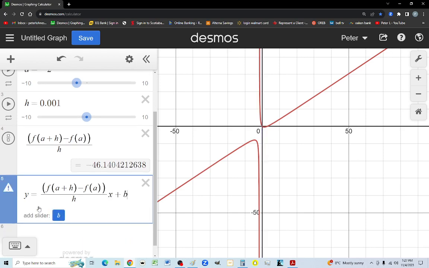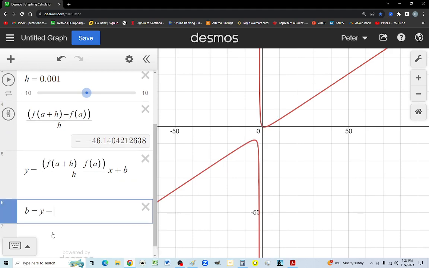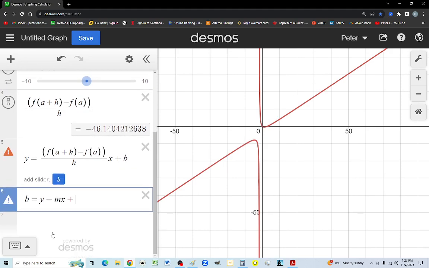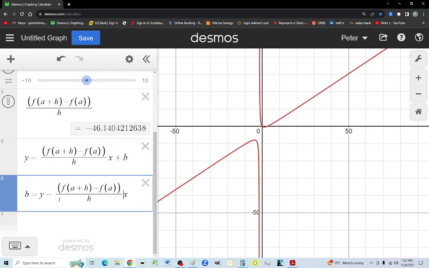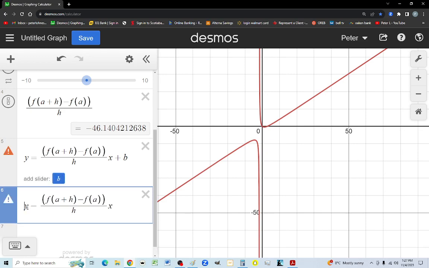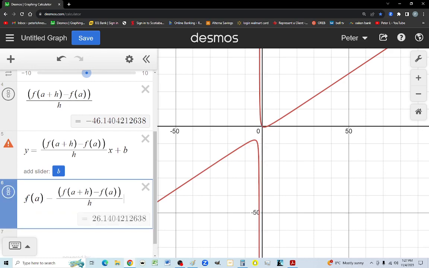We just need to figure out b. Well, b, as I said, is equal to this. But we just figured out the slope. So we figure out the slope is this. We can just skip what b is. We figured out y is f of a, and we figured out x is a.